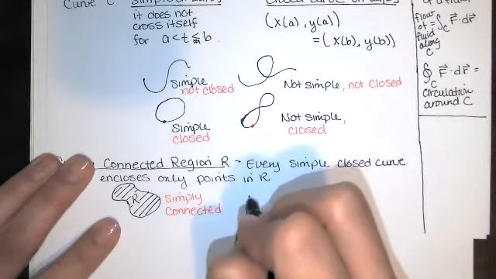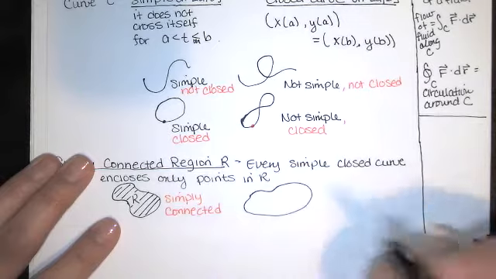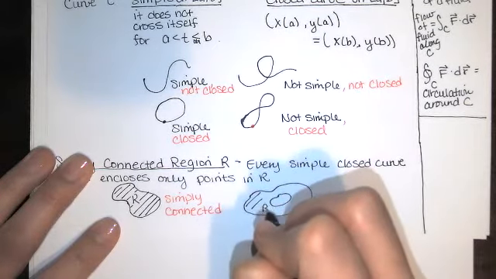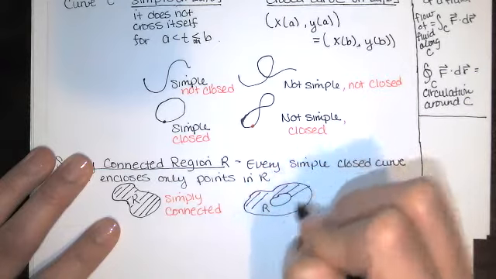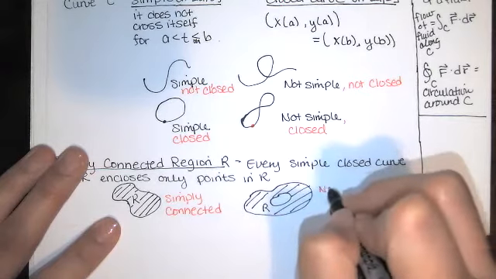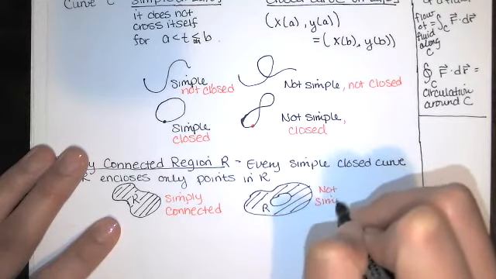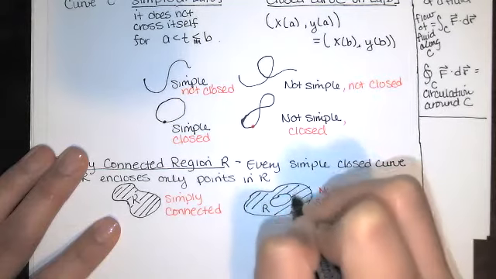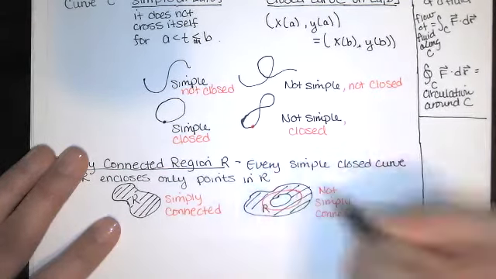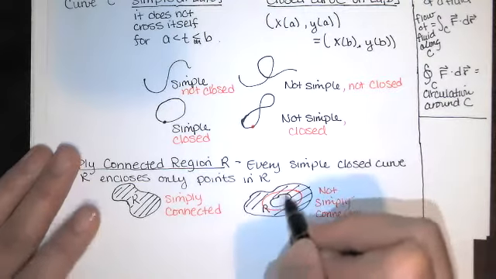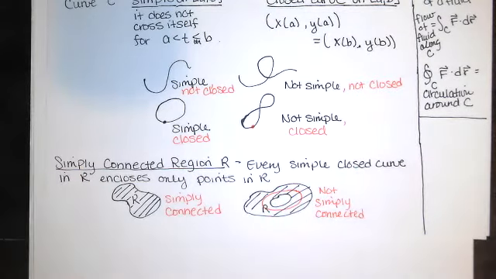And then here's a region that's not simply connected, because I can draw a curve that lies entirely in R as a simple closed curve, and it does have some points inside that simple closed curve that aren't in R. This is not simply connected.